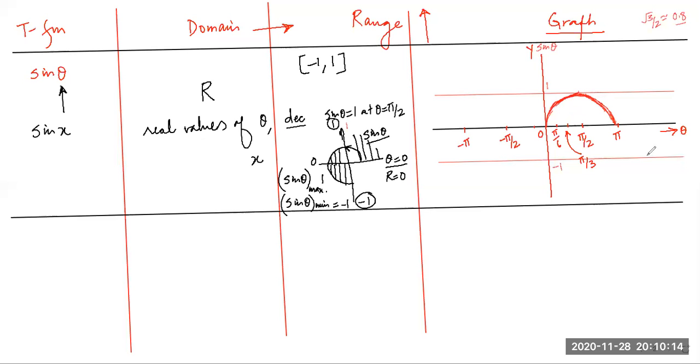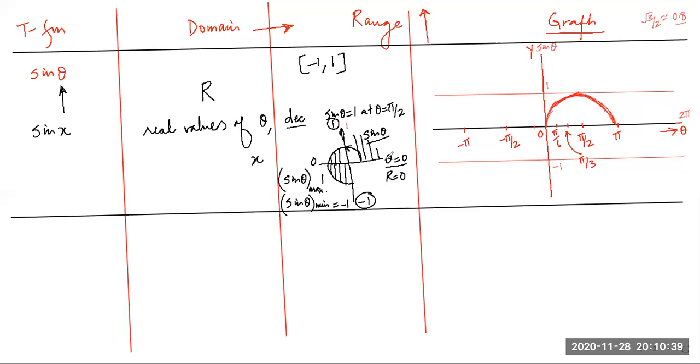Now again, if I talk about 3 pi by 2, this is pi, then this is 2 pi. If this much is pi, then I can say this much is 2 pi. So at 2 pi, what is the value of sine? Yes, Ishma. 2 pi means 0.